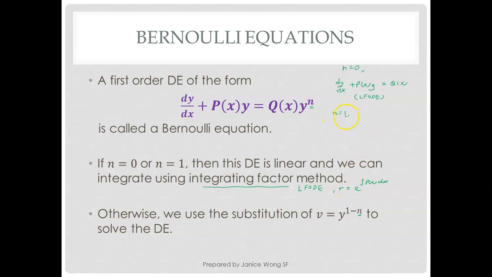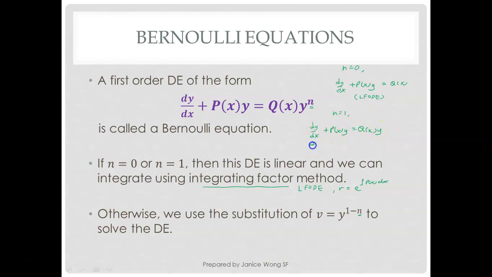What if n equals 1? dy over dx plus p(x)y equals q(x)y to the power of 1. This differential equation is actually a separable variable DE. How come? You see, this is a y term, this is also a y term.